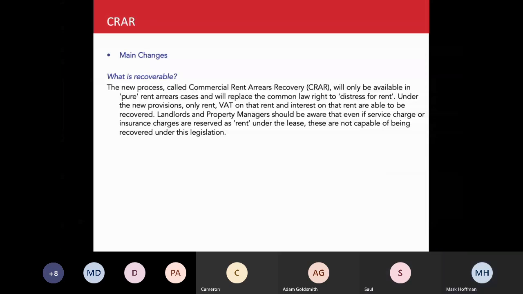If, however, it is a property that is ground floor and first floor with residential, but it's let on an overriding lease to the commercial tenant, then the whole thing can be CRA'd. But if it's separate, so there's a lease of the ground floor and then a separate AST on the first floor, that first floor can't be CRA'd because that's residential. CRA refers only to commercial.